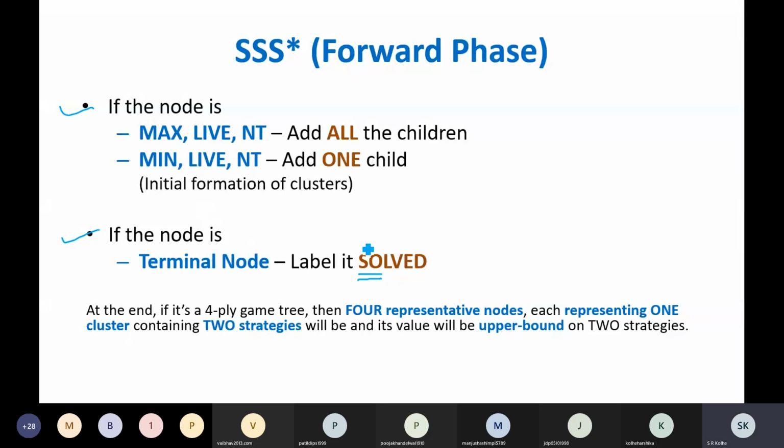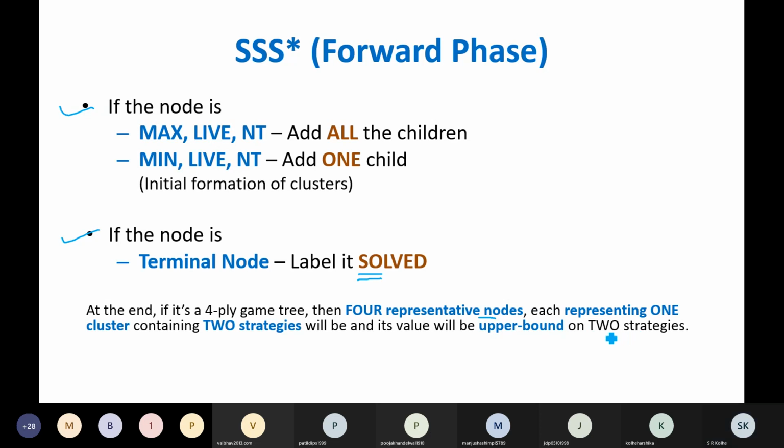If it's a non-terminal and max, then add all children. If it's a non-terminal and min, then add one child. So as we have seen at the end, if it's a 4-ply game tree, then there will be 4 representative nodes which will cover all strategies, each representing one cluster. Every node belongs to 2 strategies, as we have seen, and its value will be the upper bound on 2 strategies.